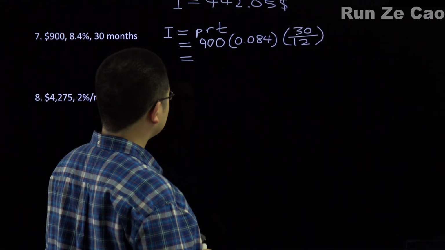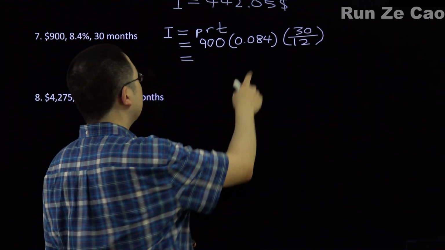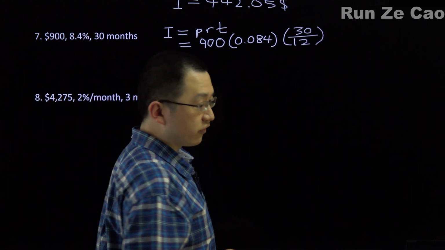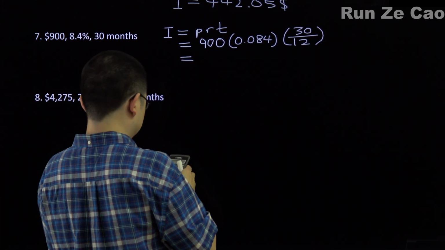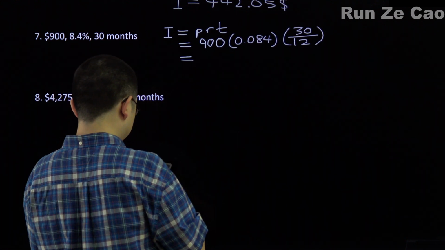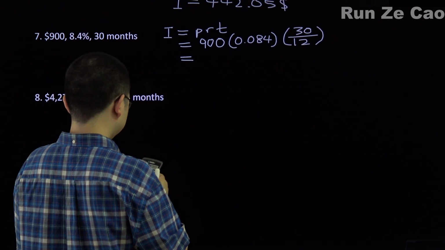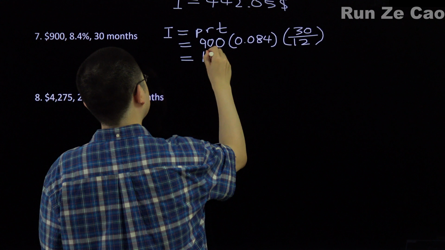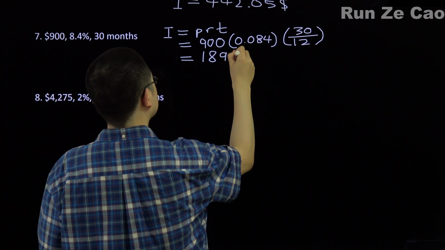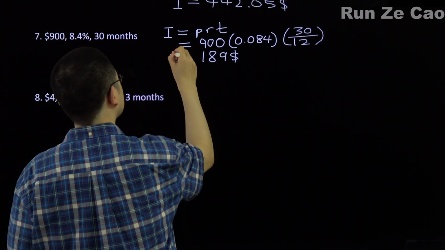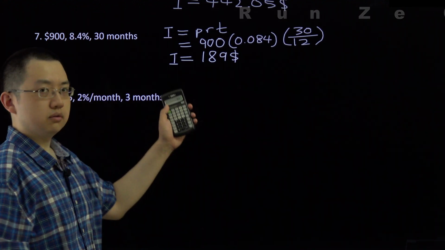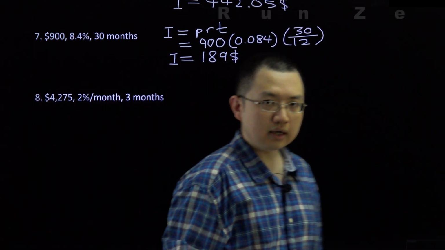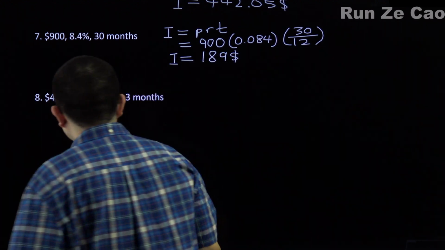So that leaves us with 5/2 or 2.5. 900 times 0.084 times 2.5. So $189. That's the interest. We don't need to put the .00 because it's a whole dollar amount.